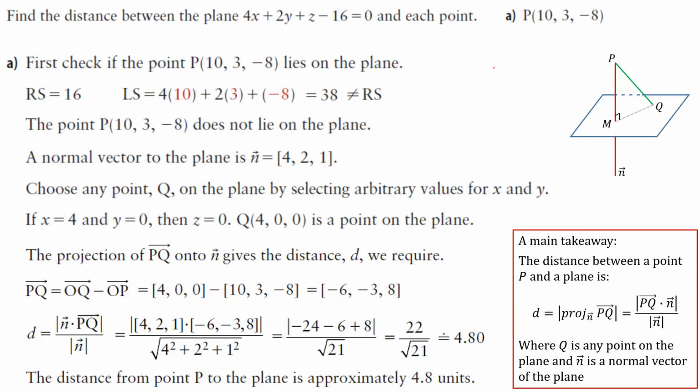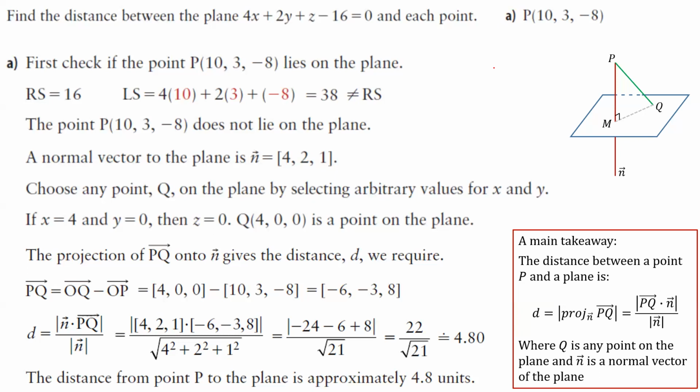Actually, the magnitude of the projection vector is the distance d we require, right? So first of all, we find the vector PQ, which is vector OQ minus vector OP. And components of vector PQ are -6, -3, 8.